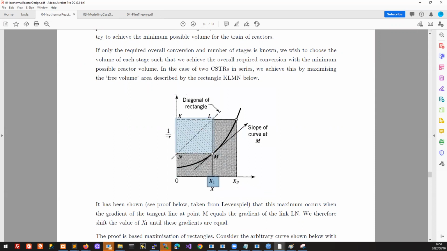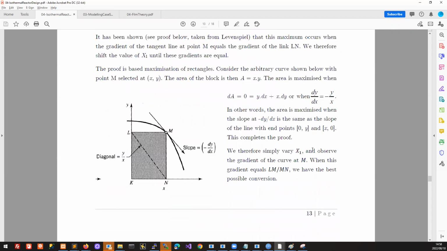To minimize this, we're going to take a quick detour here. Okay, if I have a curve like this, just generally in y and x, if I have this function y of x, then how do I maximize this area if I pick some point x?